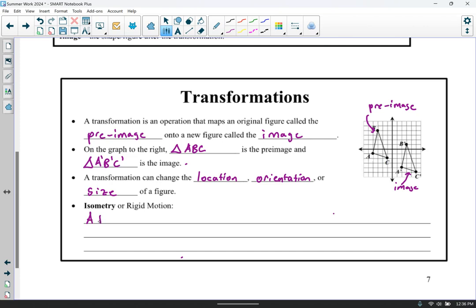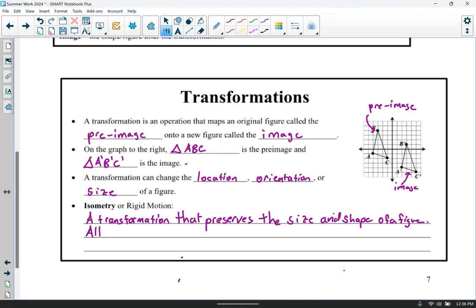So let's just jot that down. A transformation that preserves, or you could say doesn't change, the size and shape. And by shape, we mean the triangle looks the same before and after its transformation.